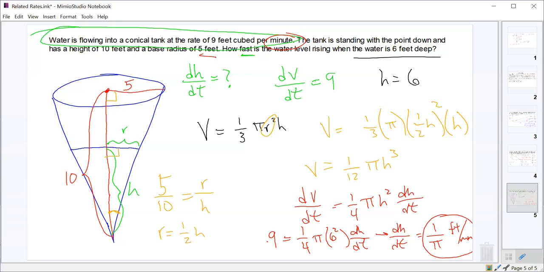But that's the whole idea of related rates. Anybody have any conceptual questions on related rates? All right, that's it.